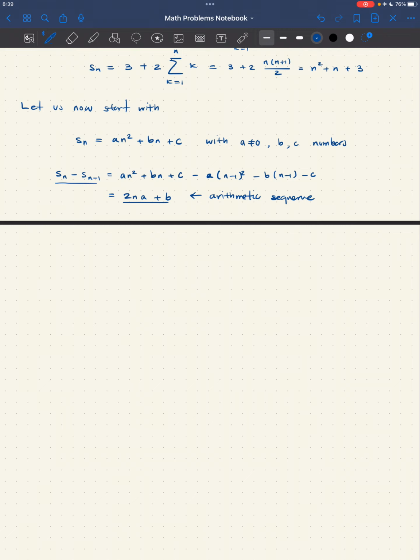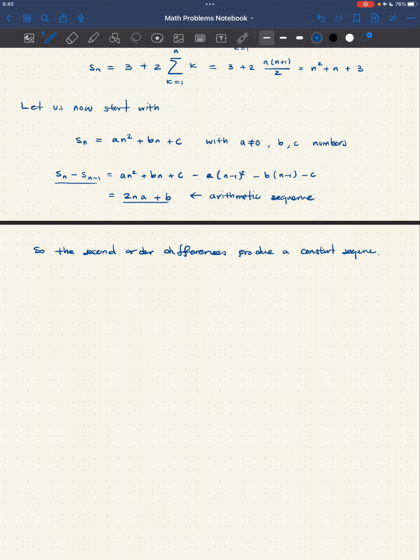But if I were to take the consecutive differences of that new sequence, meaning the second order differences, that would produce a constant sequence.